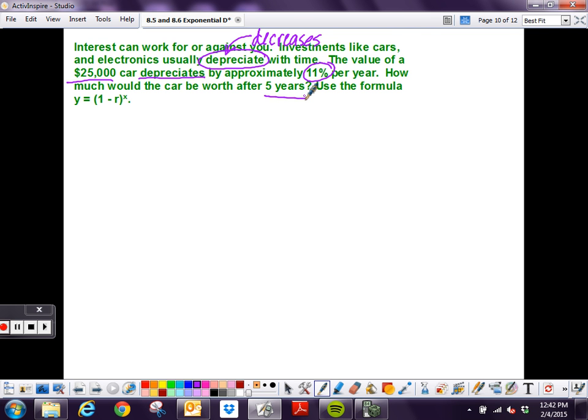Okay, and it gives us the formula again. So we've got y equals the starting value, which is 25,000, 1 minus our rate, which is 0.11, and then to the 5th power. Okay, so go ahead and type that in.